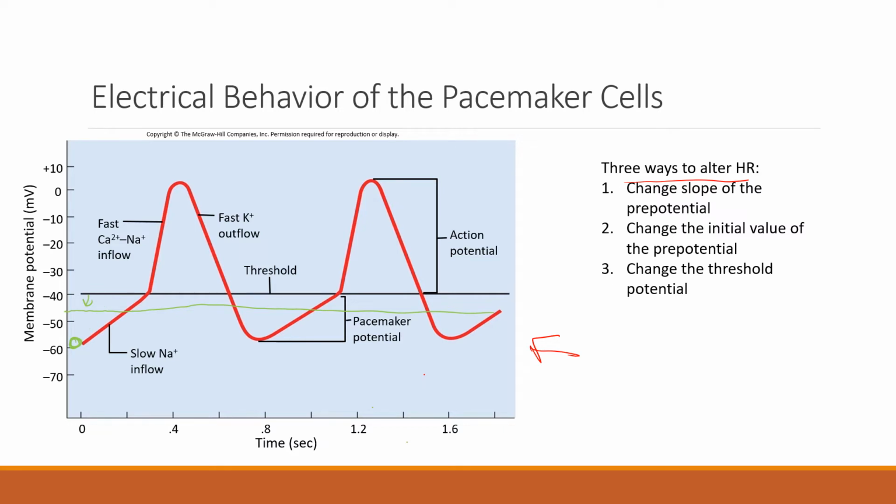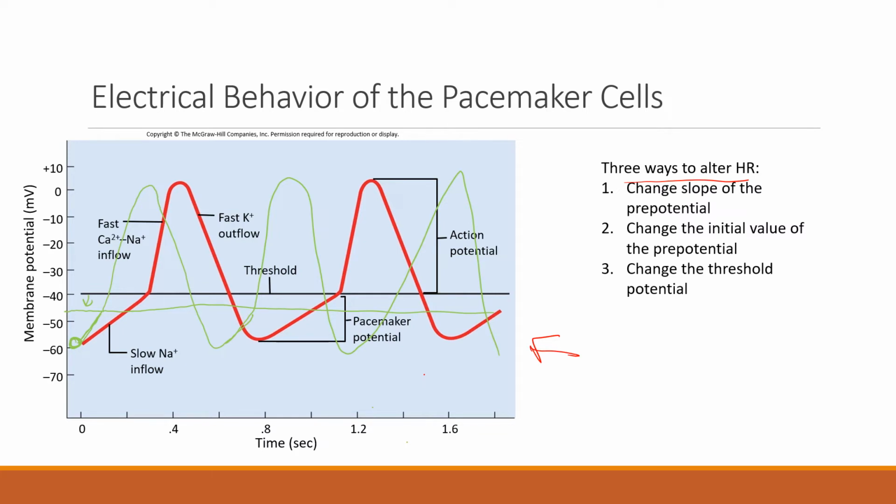I've lowered the threshold and increased the slope of my prepotential. I reach threshold faster, fire my action potential sooner, come back down, come up faster, reach it sooner, and so I can start to generate more and more beats over time.